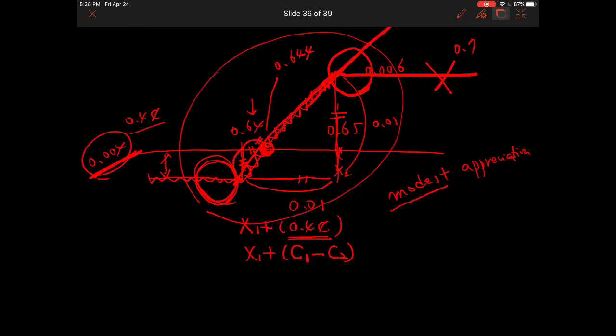So the reason you are constructing this one is you expect modest appreciation. Appreciation is a good thing, but just for this short range, modest range, if we assume starting from x1, right? And another question, why would some person want to construct this bull spread? Because he only had an expectation of modest appreciation. So what?